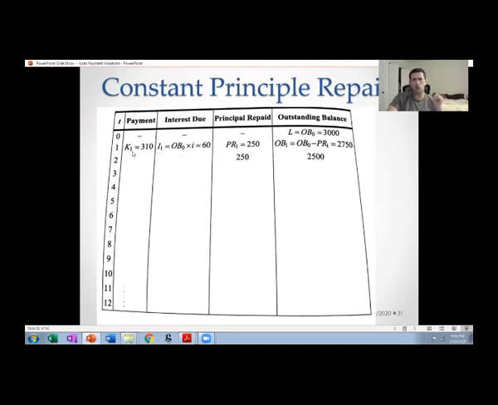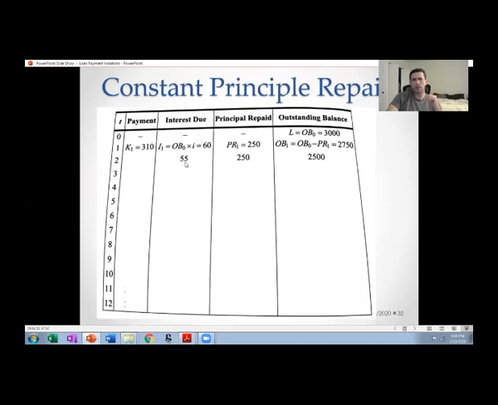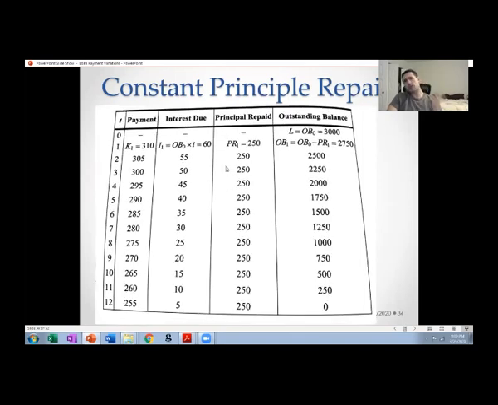Great, but we really want what this actual payment was. Well, that's easy to figure out. $2750 accrues one period of interest at 2%. $2750 times 0.02 is, you can check, 55. So that means you pay off the interest and the principal. So 55 plus 250 is 305. And et cetera, et cetera.